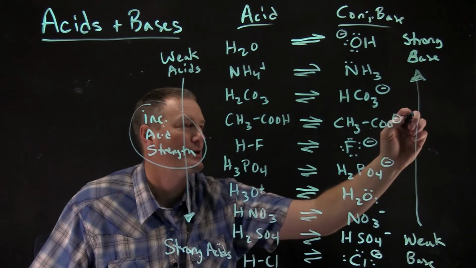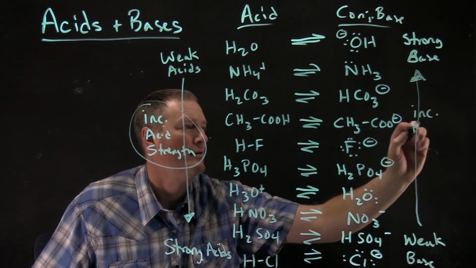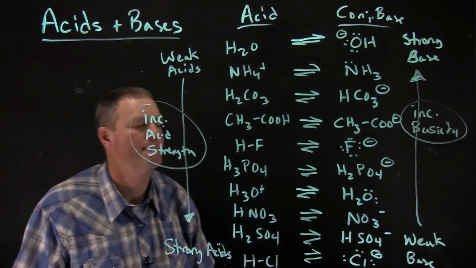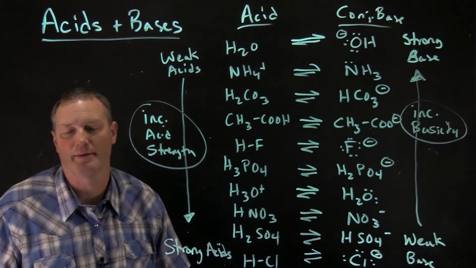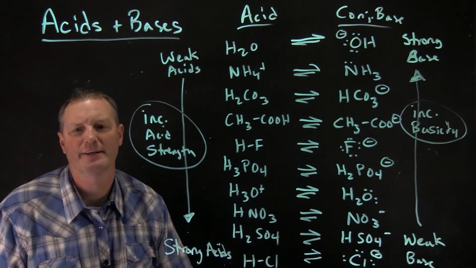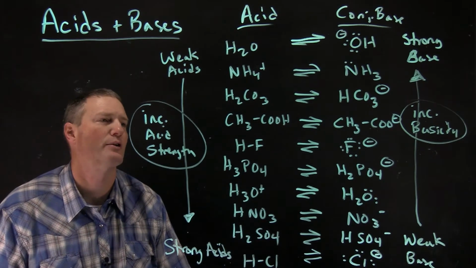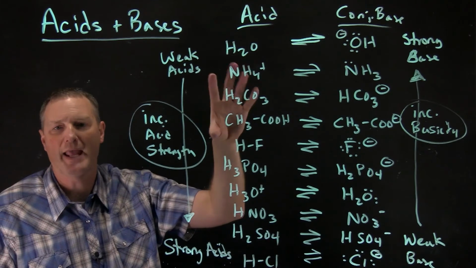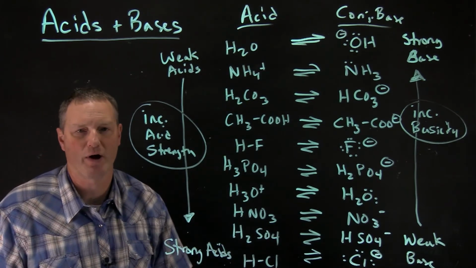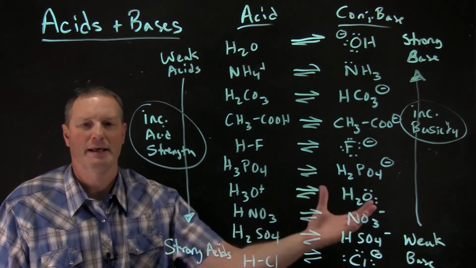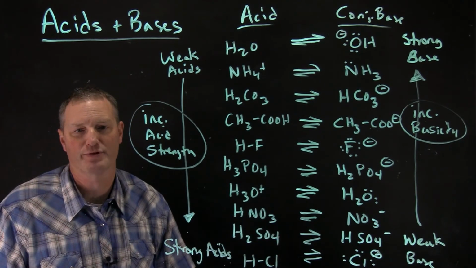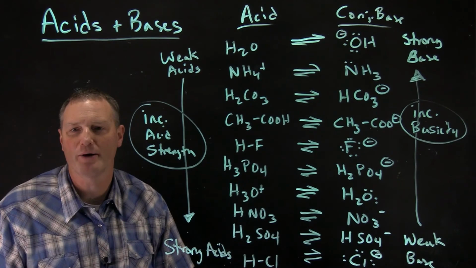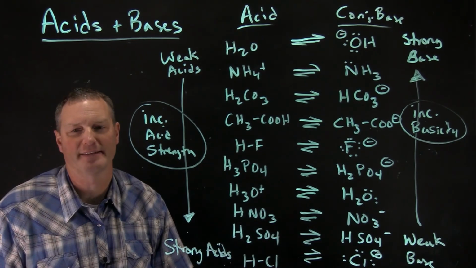This would be increasing basicity. That's an important relationship that finishes up this initial discussion of acids and bases. You'll need to be able to recognize compounds that are weak acids versus strong acids, and this inverse relationship with the strength of the conjugate bases. I hope that helps in our introduction to acids and bases. Good luck.